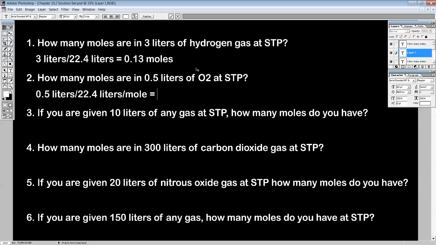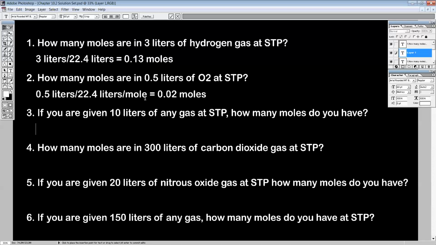When you do that math, you wind up with 0.02 moles of oxygen at STP. Again, the confusion here is strictly the units. I could have done liters times moles to the -1, the inverse, but we didn't do that. To avoid confusion, I will just not use that convention here.